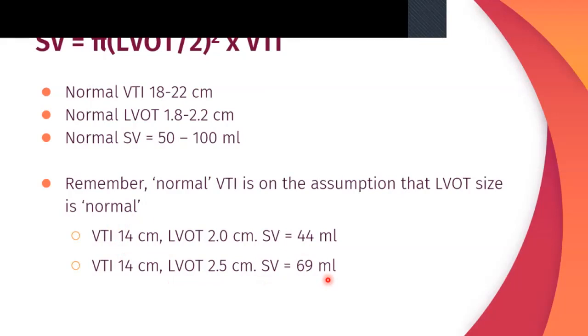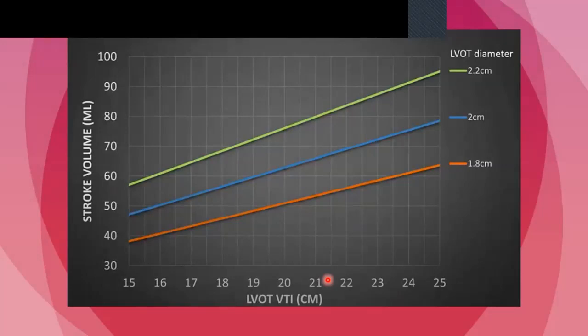But do we need to calculate this LVOT every time? No, because the LVOT is fixed. It will not, should not change size. Of course that plays a role in our VTI variation. So that is the point that I was highlighting.